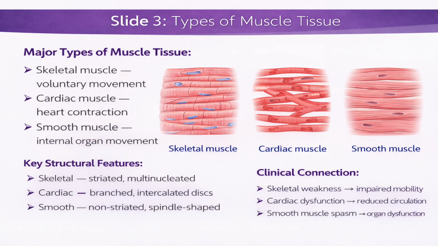The human body contains three primary types of muscle tissues: skeletal muscle, cardiac muscle, and smooth muscle tissues. Each type is structurally specialized to perform distinct physiological functions.